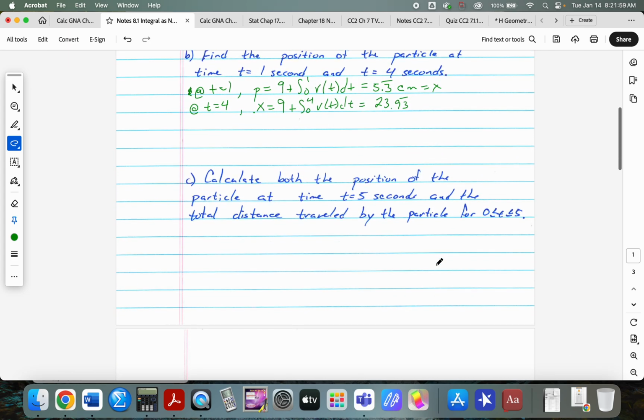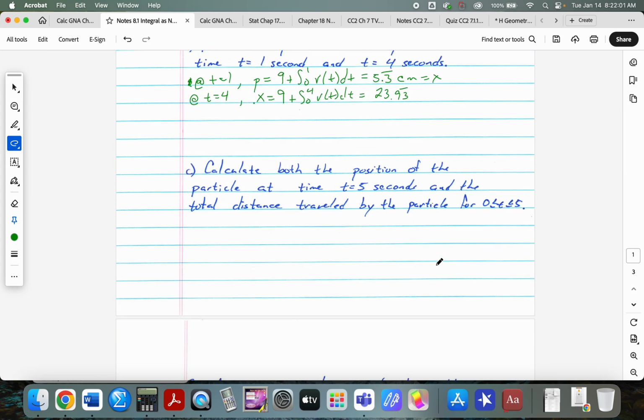Next, we want to calculate both, so two things: the position of the particle at time t equal to 5 seconds. That should be pretty easy. It's just like what we've been doing. And the total distance traveled by the particle on the interval from 0 to 5.